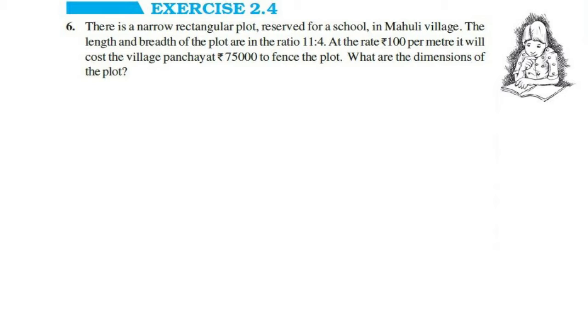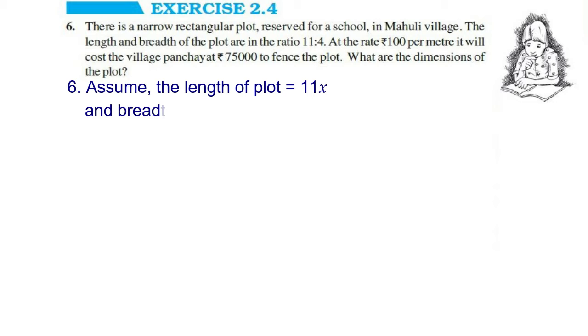Okay, go to solution. First, we assume the length of the rectangular plot is equal to 11x and breadth is equal to 4x, because the ratio of the length and breadth of the plot is 11 to 4.